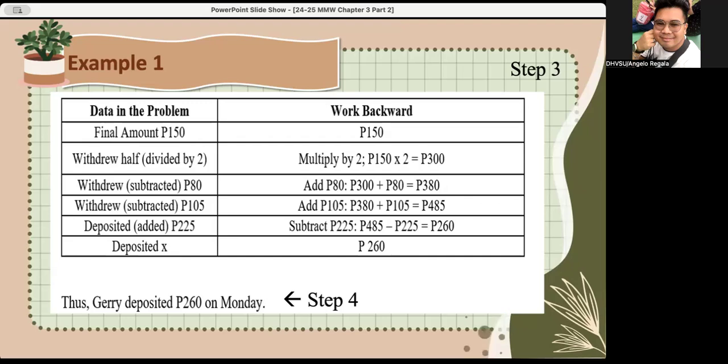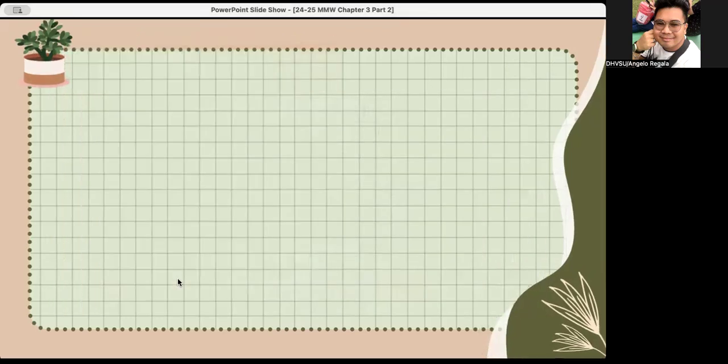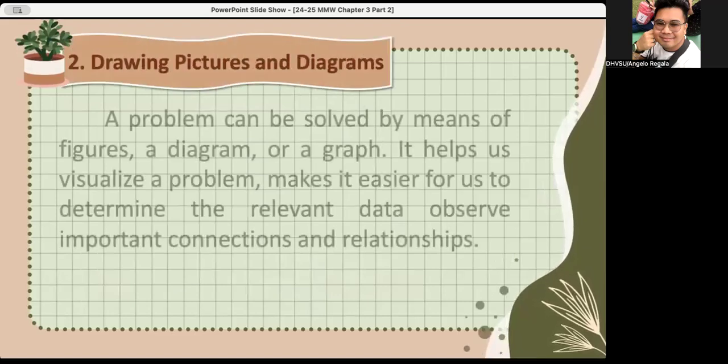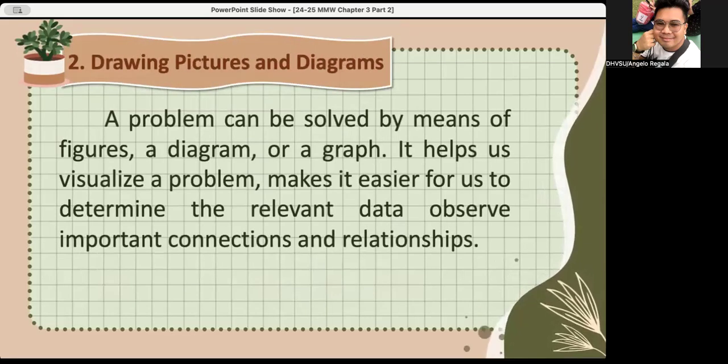Okay? So we can now look back by making a conclusion that Jerry deposited 260 pesos last Monday. Okay? So that's how the working backwards process works. The next one is drawing pictures and diagrams. Not all of us would appreciate yung mga tedious step-by-step solving process.